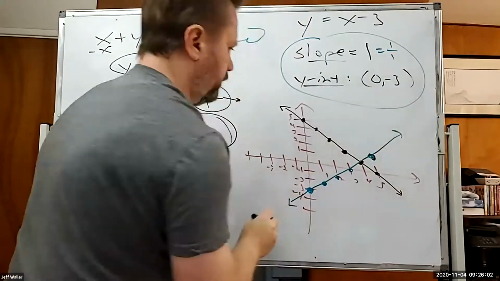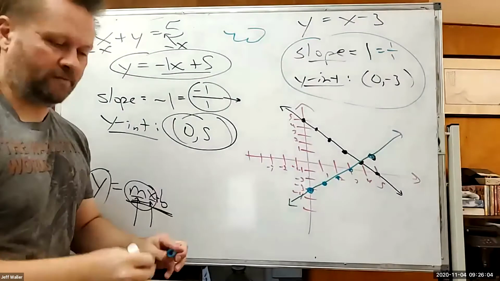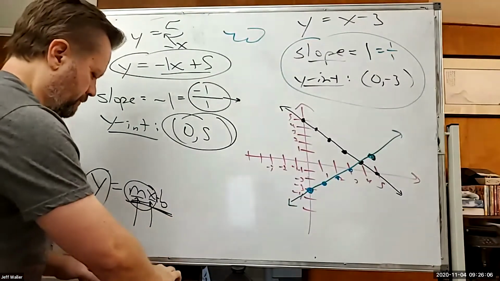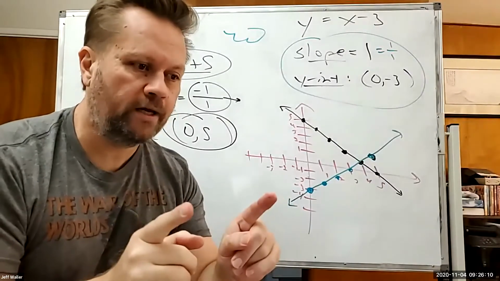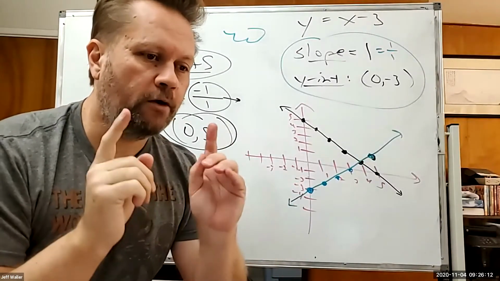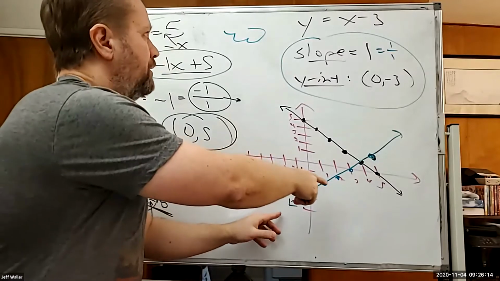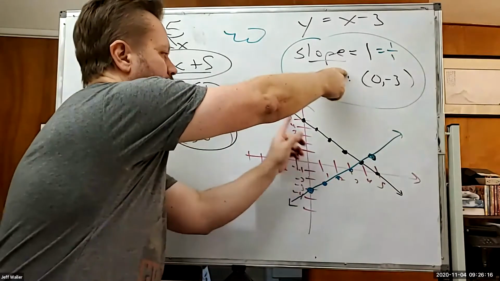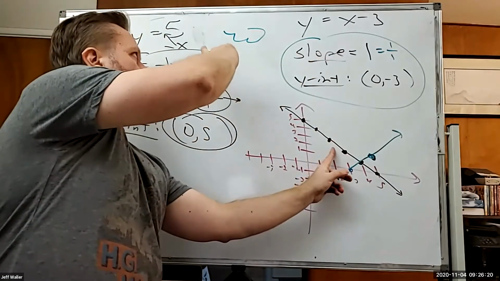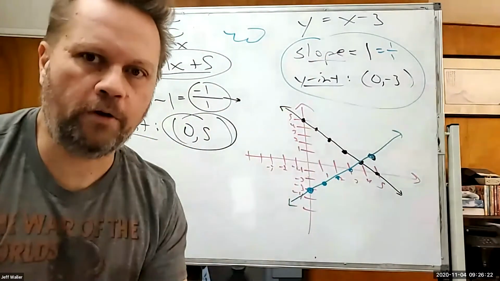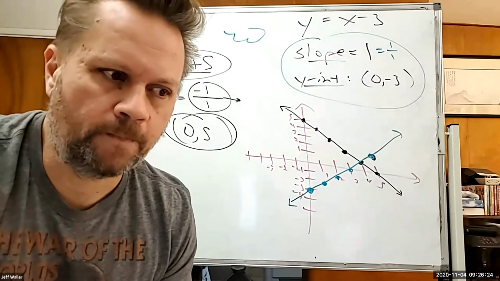So visually, where's the answer? If all the blue stuff is all the points that work in this line, and all the black line stuff is all the points that work in this line, which point works in both lines?